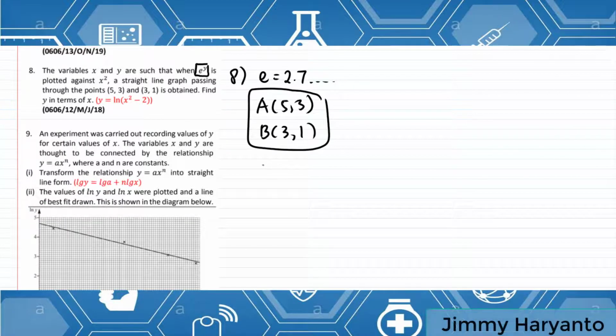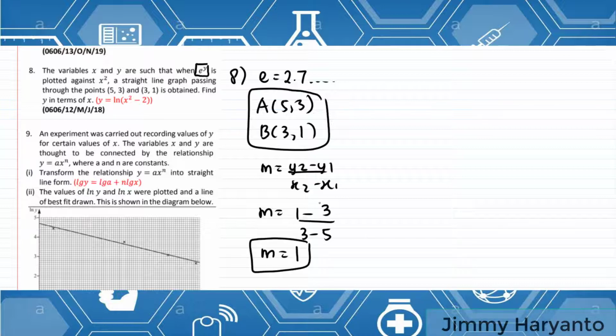From this, we have to find the gradient. The gradient will be y2 minus y1 over x2 minus x1. The y2 is 1, the y1 is 3, over the x2 is 3, the x1 is 5. So the gradient is negative 2 over negative 2, which is 1.